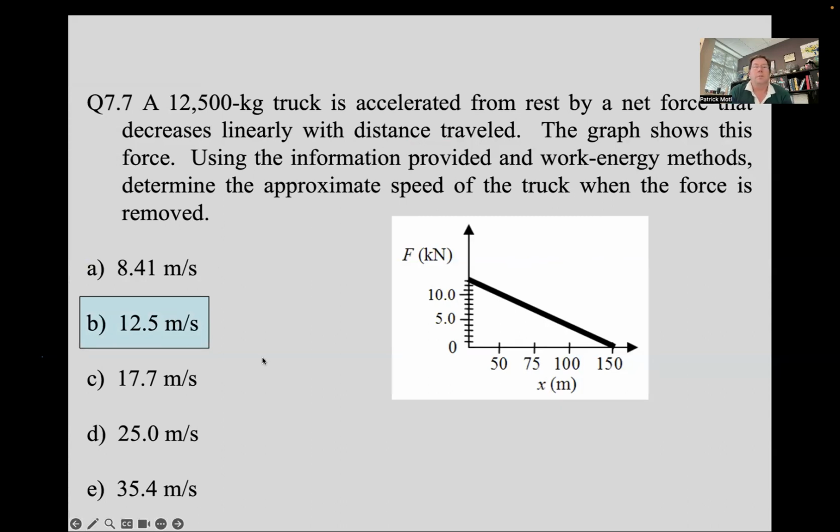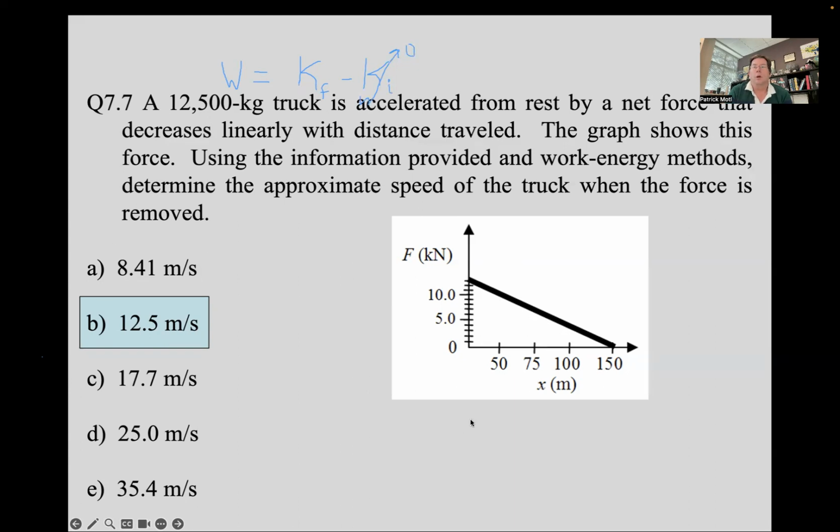The work energy theorem is giving us that the work is the change in kinetic energy, so that's K final minus K initial, but K initial was 0 because the truck started at rest.